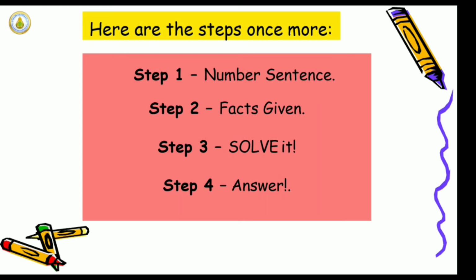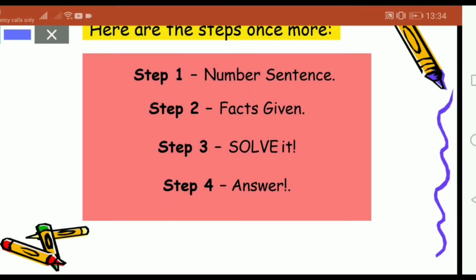Again, don't forget the 4 steps. Step 1, number sentence. Step 2, facts that are given, or information. Step 3, solve it. Step 4, answer. Are you ready? Great. Let's start.